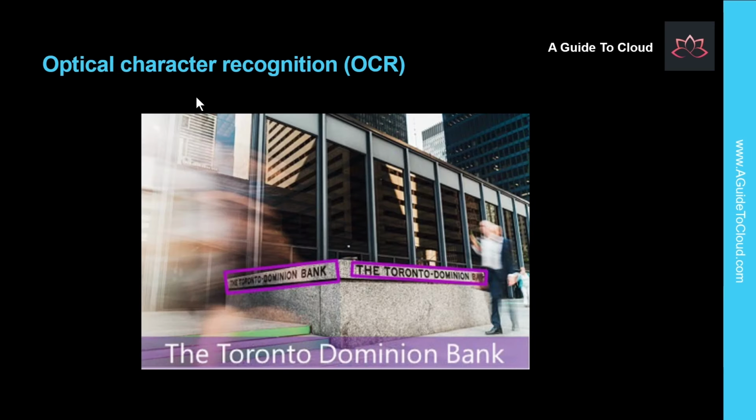The last one is optical character recognition, or OCR. Optical character recognition is a technique used to detect and read text in images. You can use OCR to read text in photographs, for example, road signs or storefronts, or to extract information from scanned documents such as letters, invoices, or forms.